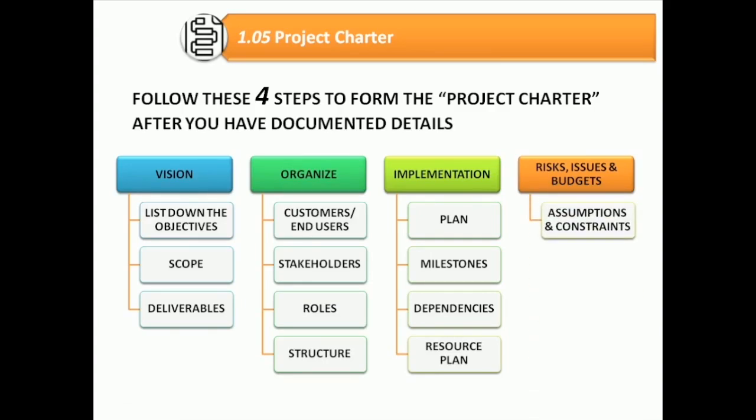You need to list down all possible assumptions of risk and issues that can arise and constraints that can hold you back or delay for any reason. Risk we term as something in the future tense because it is a potential element that may or may not happen. Issue, on the other hand, is something that has already occurred in a project and we take a reference from the same.